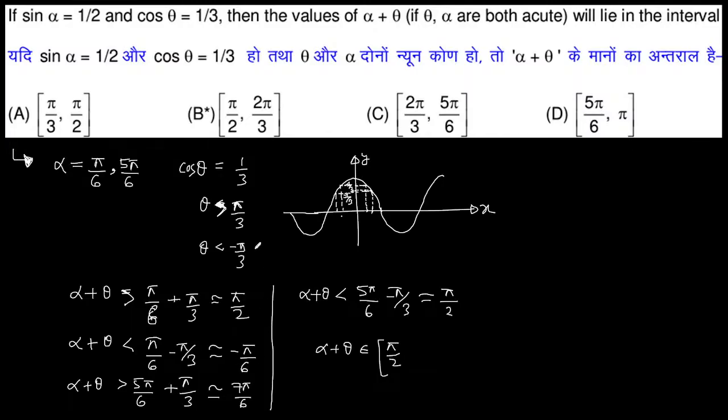That means if we forget the negative part, we have pi by 2, bigger than pi by 2, and we can say that it is bigger than pi by 3, less than pi by 2.